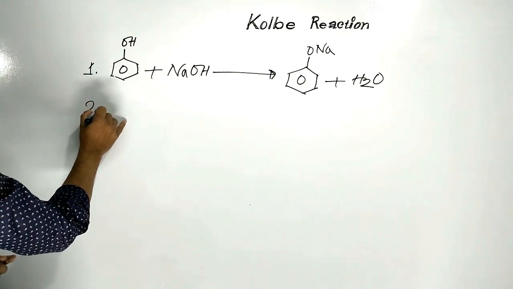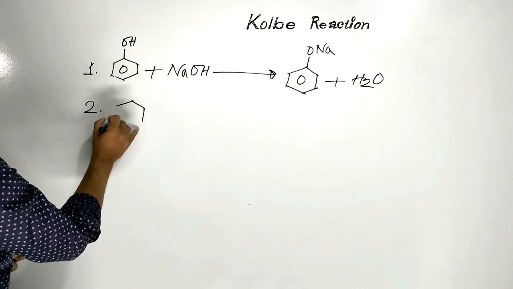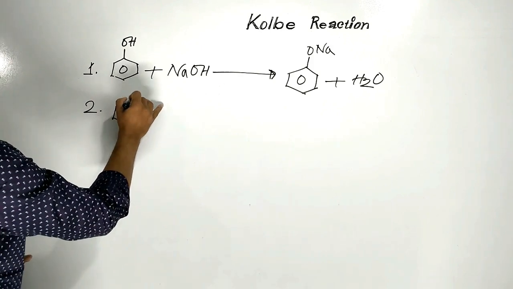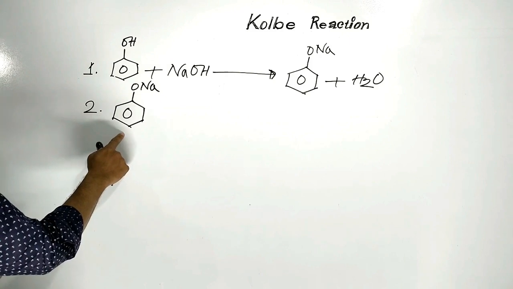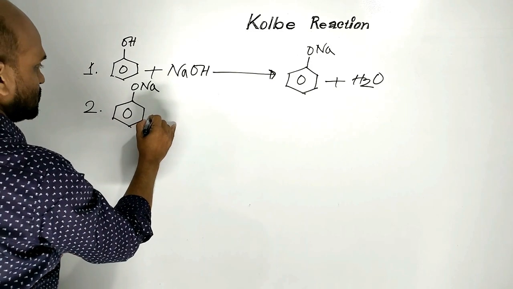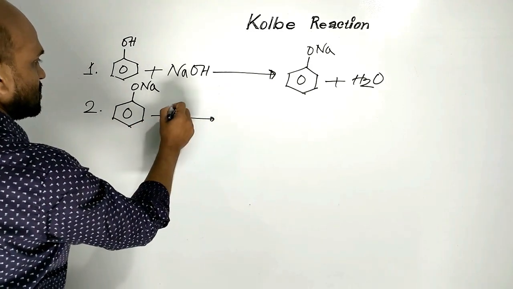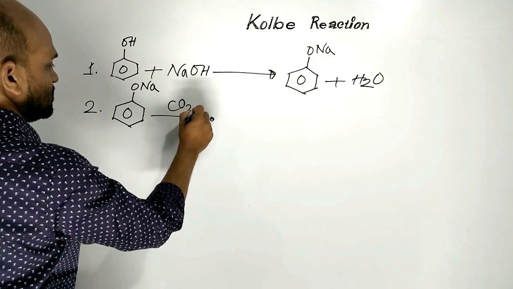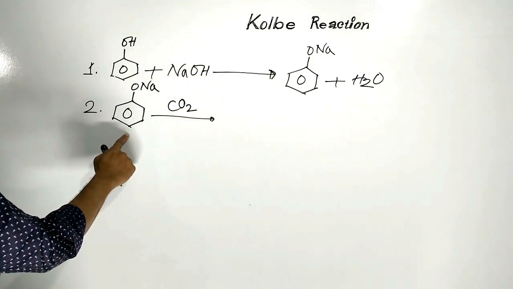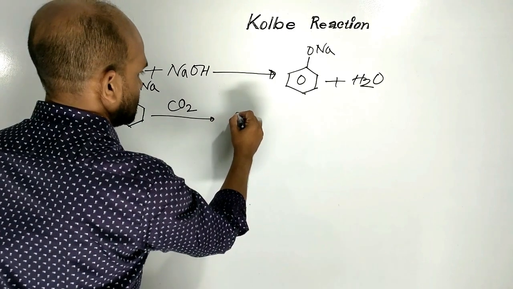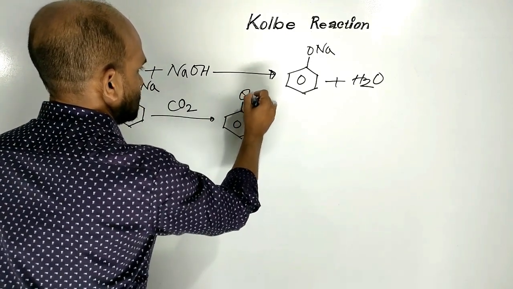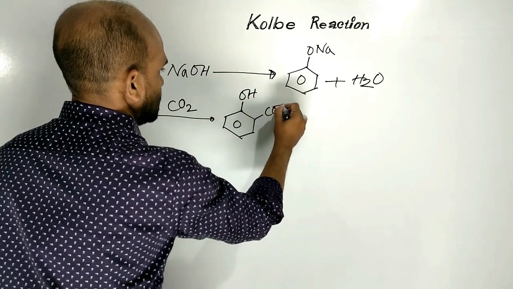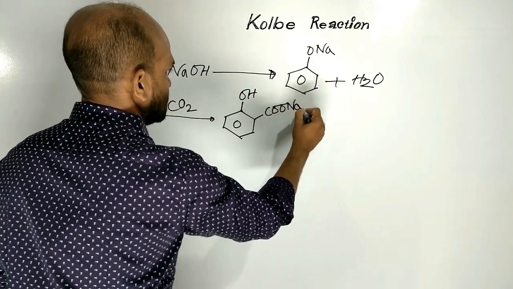Reaction number 2, this sodium phenolate or sodium phenoxide is treated with carbon dioxide gas. Then sodium phenoxide turns into sodium salicylate.